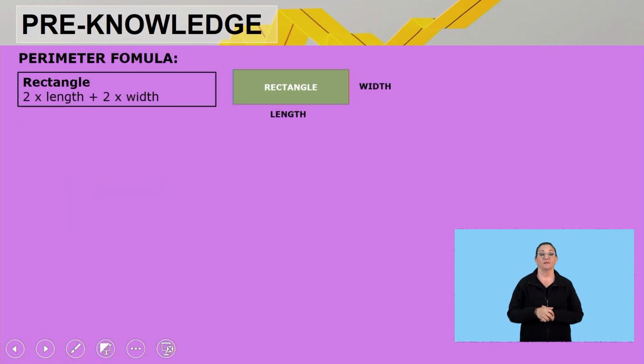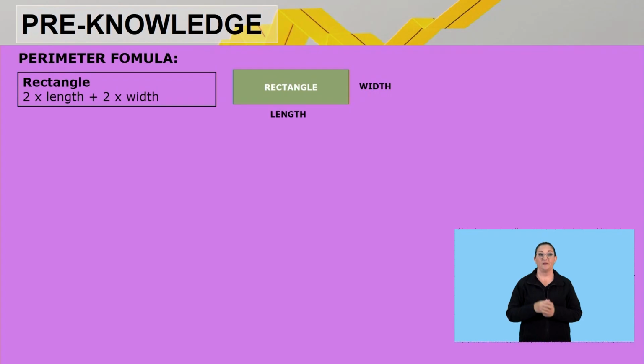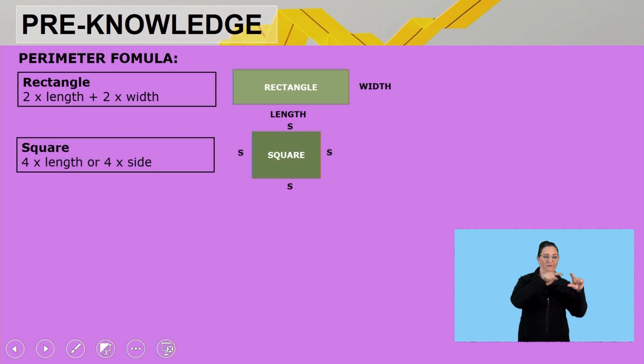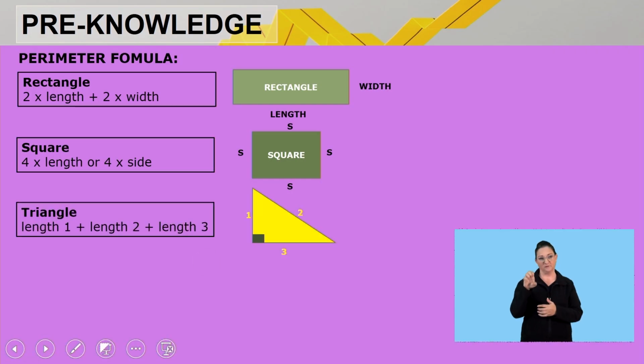Now let's quickly look at some of the formulae that you might need in today's lesson or moving forward. In order to calculate the perimeter of a rectangle, we say 2 times your length plus 2 times your width. Then when it's a square, it's 4 times the length, or 4 times the side, as indicated in our diagram there.